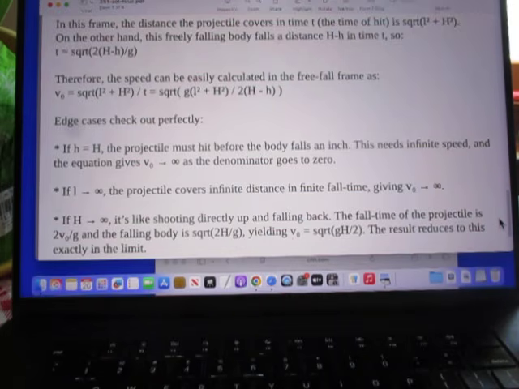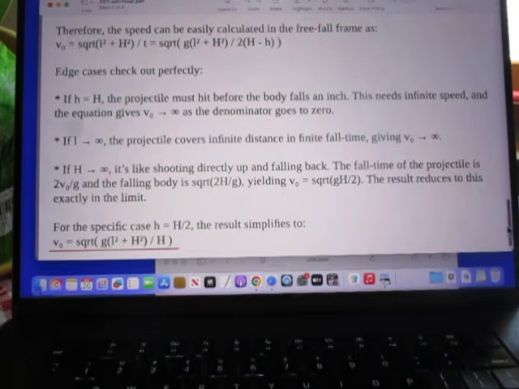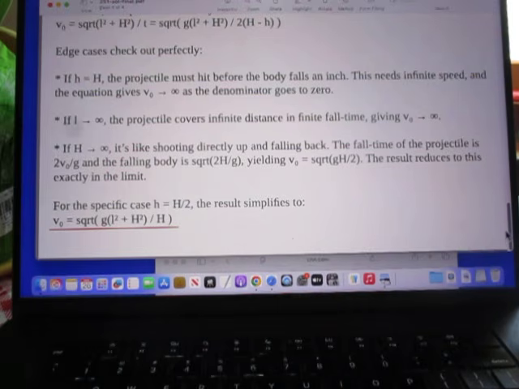So there you get the answer for t. Therefore, the speed can be easily calculated in the free fall frame, which is done here. I suggest you read further. And what you find now is that V0 is the square root of exactly what you had before.